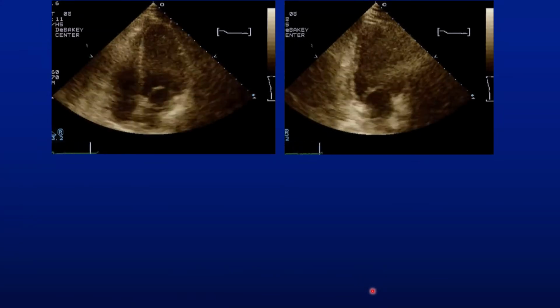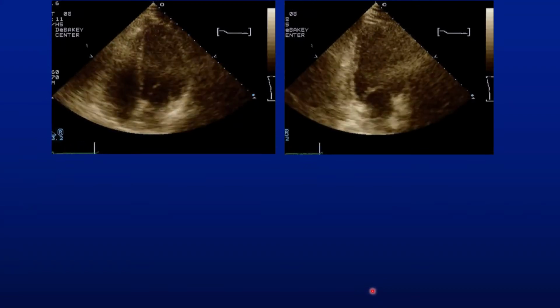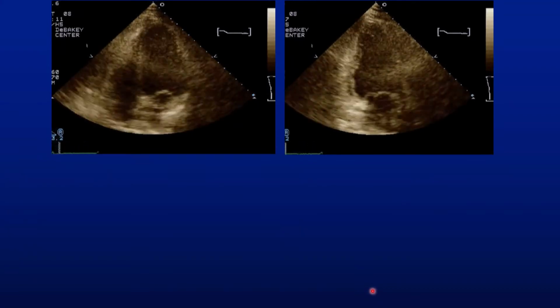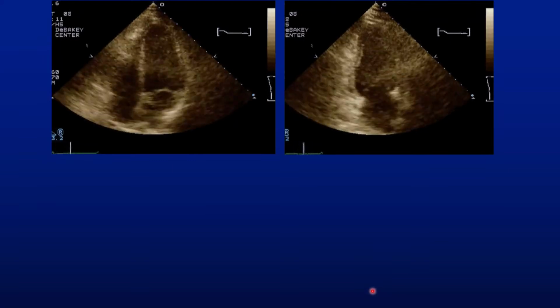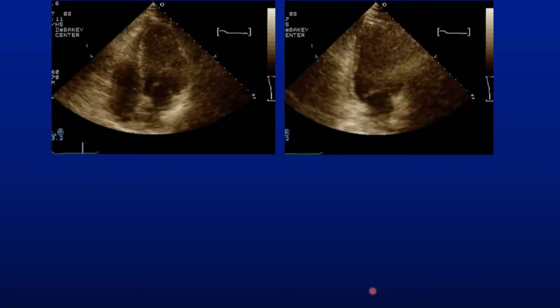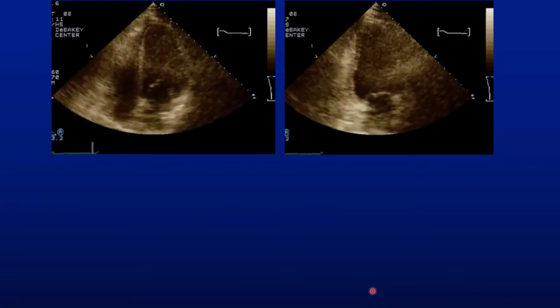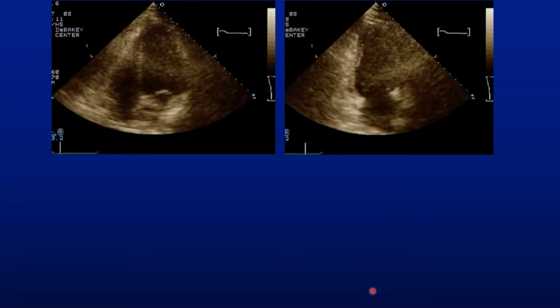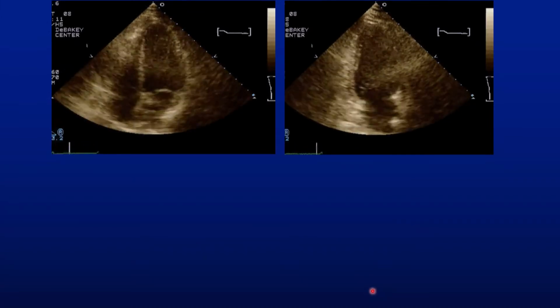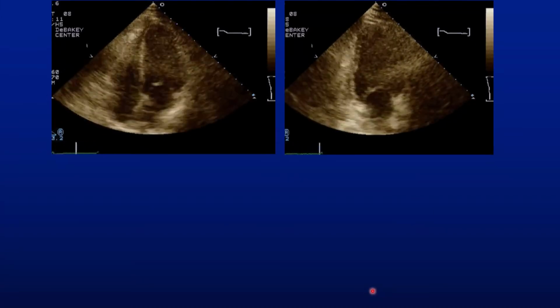Tell me what you think. Is this normal? No. What do you see that is to your eye? What flickers? Can you raise your voice so I can share it with the audience? Apex is not moving well.